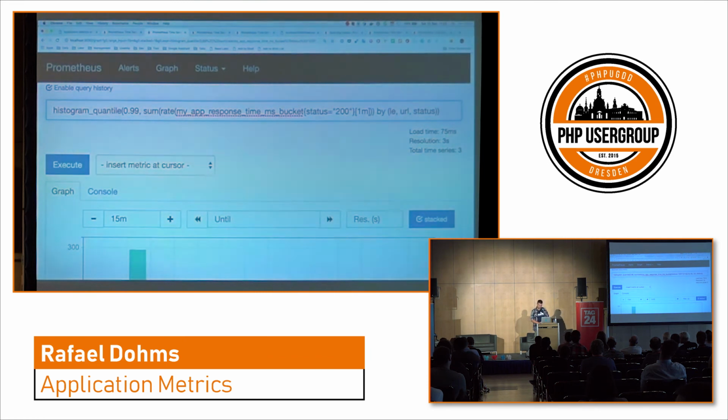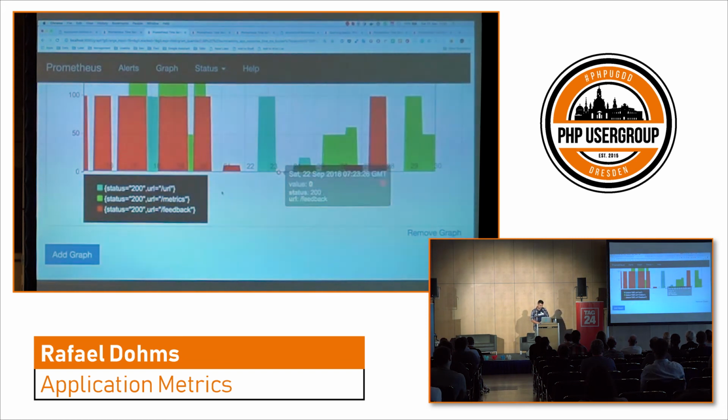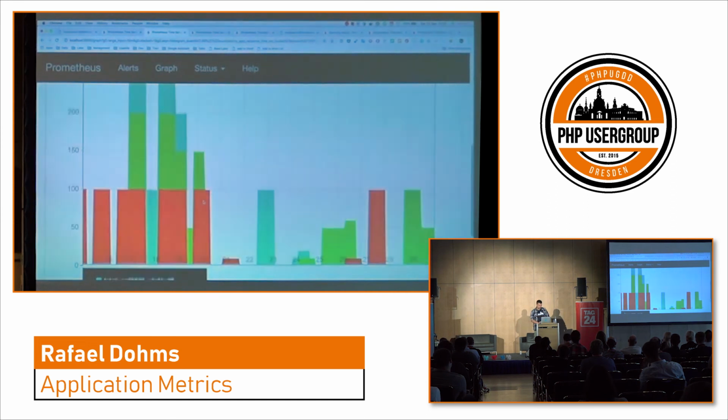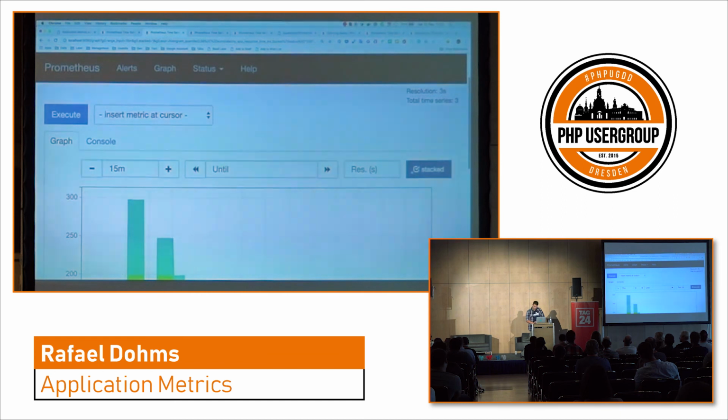And then I'm grouping them by the bucket, the URL, and the status, right? So if we look down here, you'll see that you'll have the 200 and the actual URL. And for each of those URLs, we can now say, okay, well, this one is performing better than that one if I get rid of the stacking here.